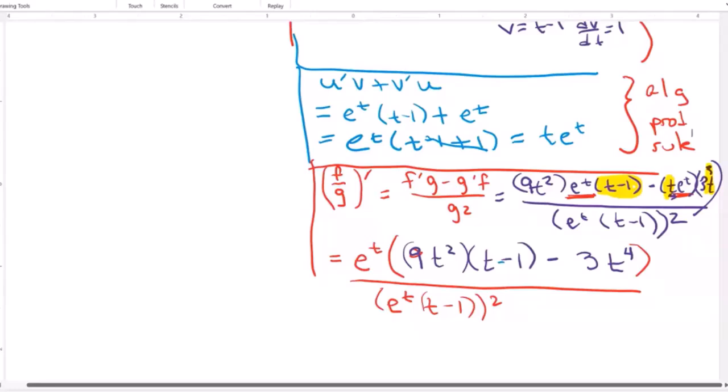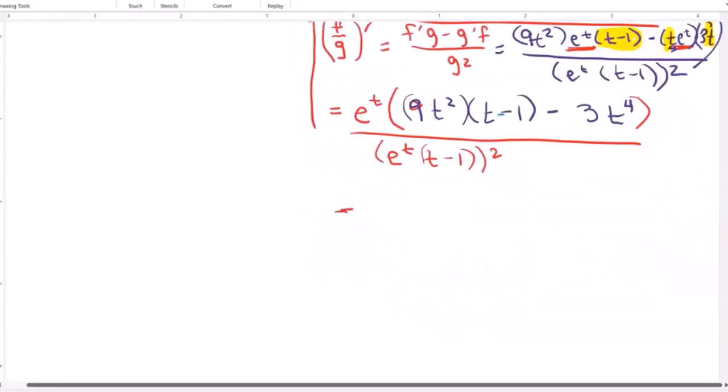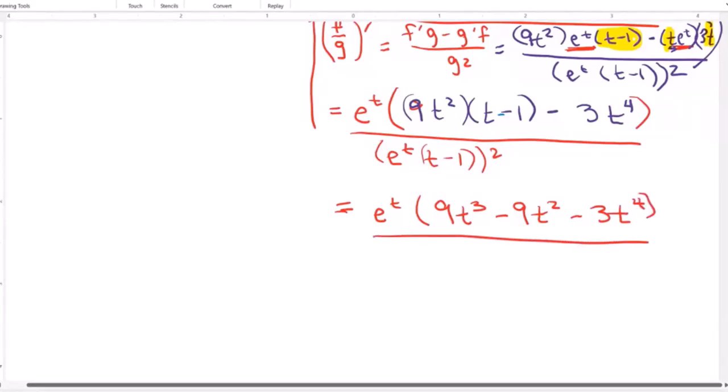All right, so this equals e to the t times 9t to the third minus 9t squared minus 3t to the fourth divided by, and everything in here is squared, so I can say this is e to the t times e to the t times t minus 1 times t minus 1. And we'll see if that helps us any.